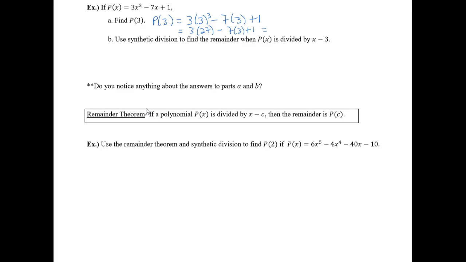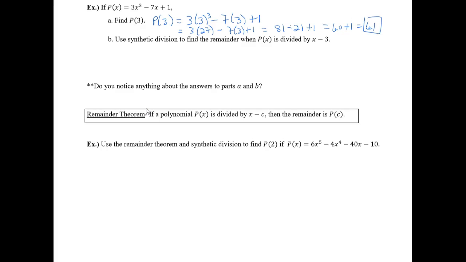Then we would multiply. 3 times 27 is 81. And 7 times 3 is 21. Then lastly, we add and subtract. 81 minus 21 is 60. And 60 plus 1 is 61. Alright, so that's part A.